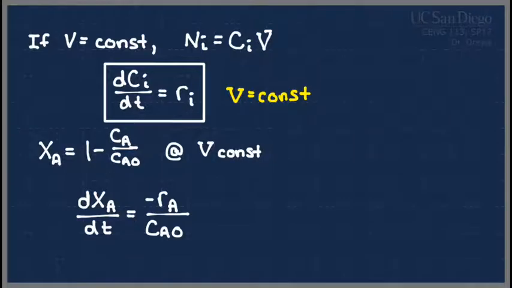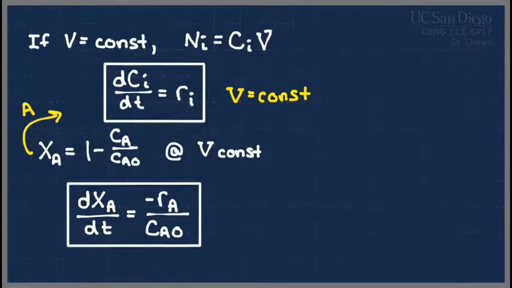So the only way that I got that was to take this expression and plug it in up here, specifically for species A. You'll notice I dropped the i's here. I'm talking just about species A. We usually don't write that for any of the other species. It's always just for species A, whichever one happens to be the most useful species that we're dealing with. And so this is, again, V is constant.